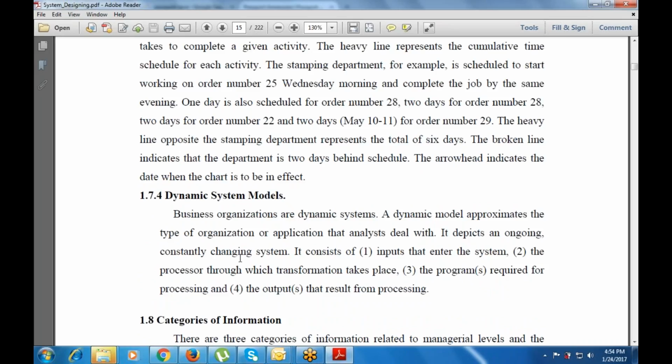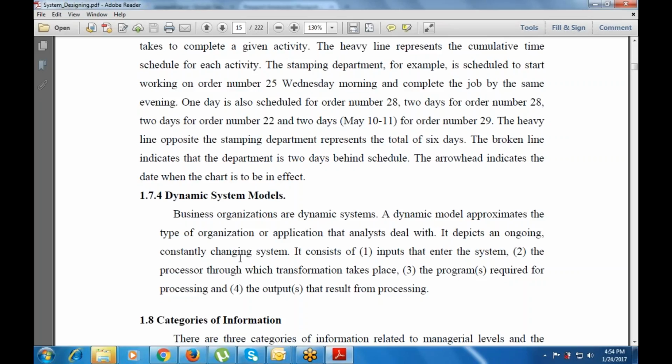Then the next one is the categories of information. Whatever categories are available are used as a tool with a system category, and with the configuration category.